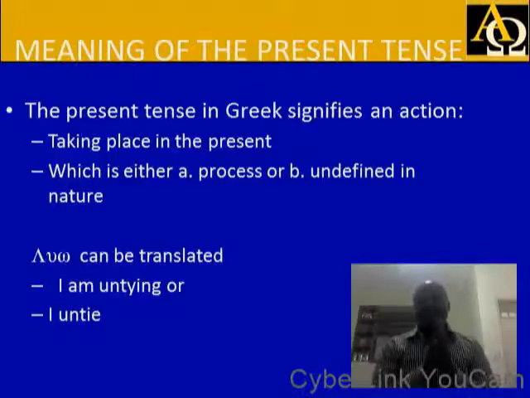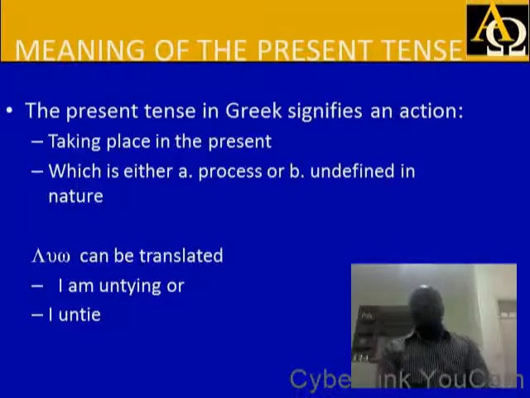But right now we're talking about the present moment. So the present tense means that something is happening at the moment. Right now, I'm teaching. That's what I'm doing at the moment. And at the moment, you are listening to a Greek lecture. So that's what you're doing at the moment.